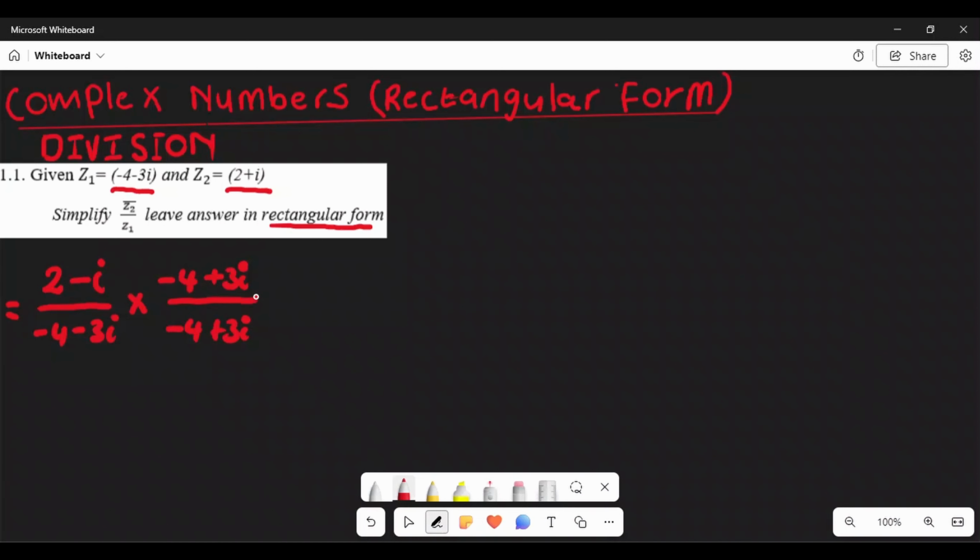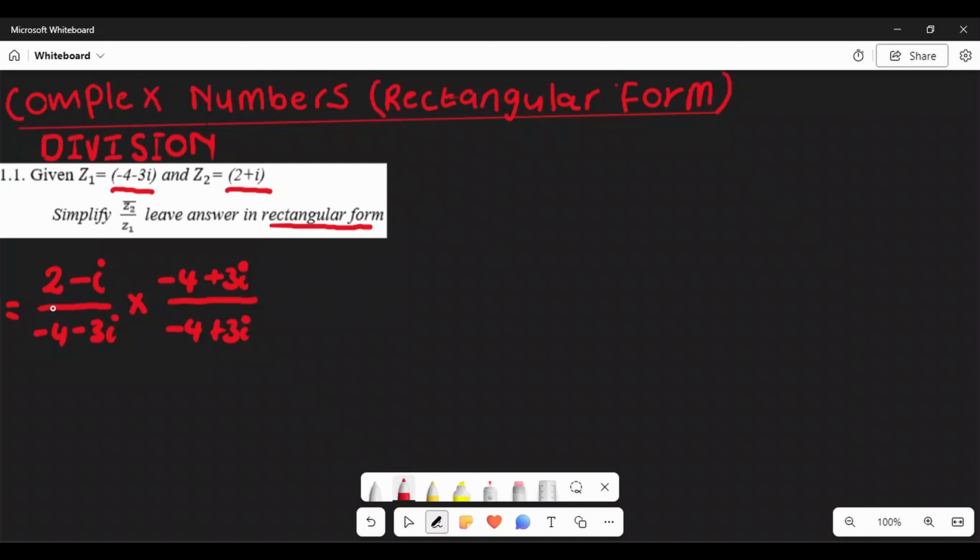As you can see, these are the conjugates, but when you divide them, it's going to give you 1. This is what I mean when I say multiply by 1 and the conjugate. Remember, the conjugate of a complex number in rectangular form: you just change the sign of the imaginary number.